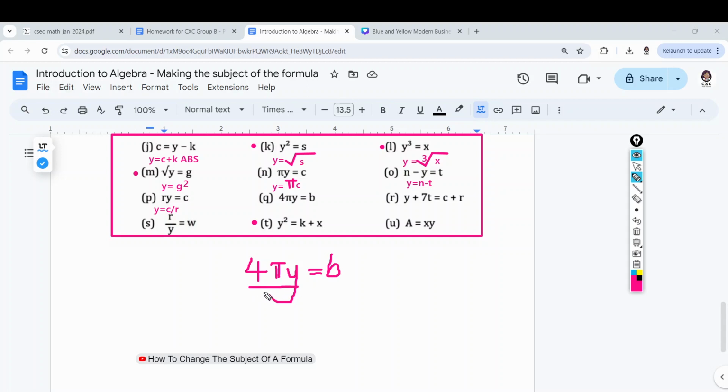In order to solve this, guys, we want to divide both sides by 4 pi. This side will cancel that side, and we're going to end up with y is equal to b divided by 4 pi.